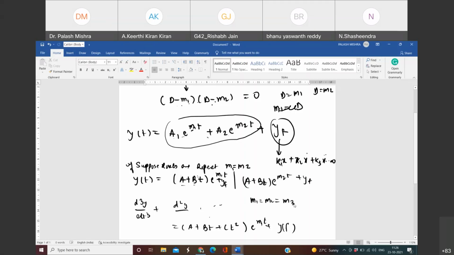As many roots are repeating, that is the order of the differential equation. And if they are not repeating, then only the exponential terms are required.